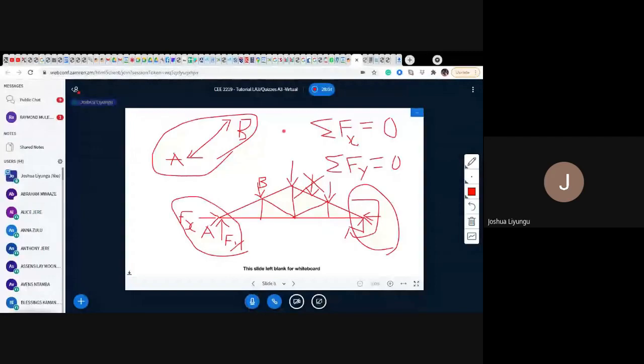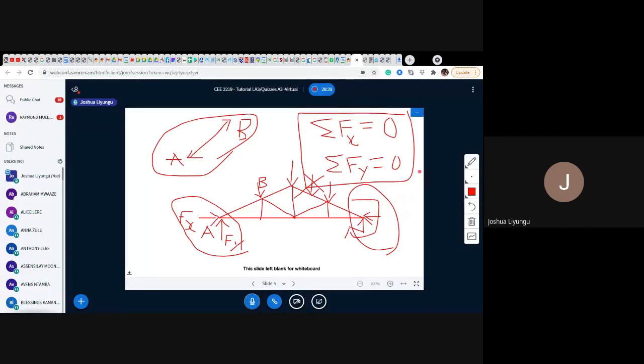A joint where you have at least one known force and the maximum of two unknown forces. The logic is there. Why am I saying the logic is there? For this method, there are only two equations, which is summation of forces in the X and summation of forces in the Y.